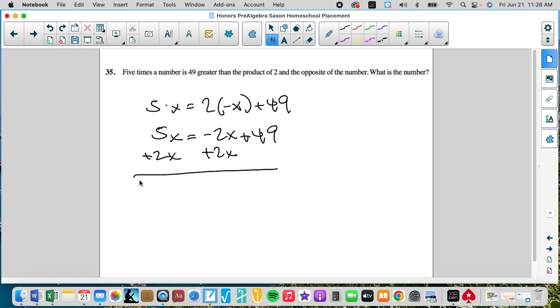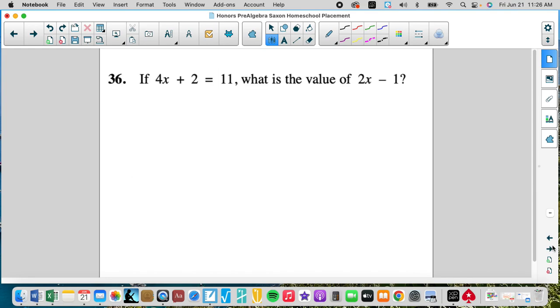We're going to combine variables on the same side. The inverse of -2x is +2x. That gives us 7x equals 49. 7's multiplying by the variable. Inverse of multiplying by 7 is dividing by 7. And 49 divided by 7 is 7. You should be able to do these problems that fast. You should look at it and know how to work it.